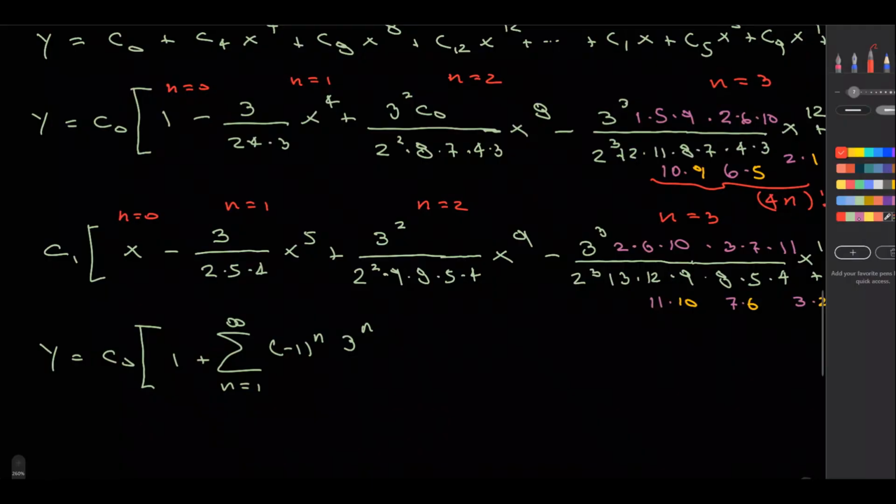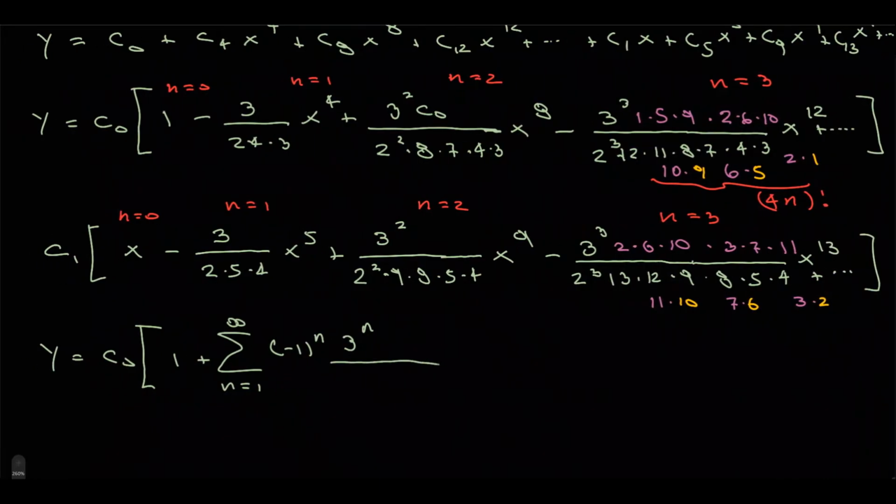So this is 3 to the n divided by 2 to the n, and then 4n factorial.